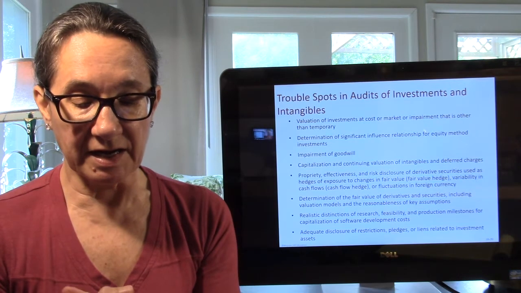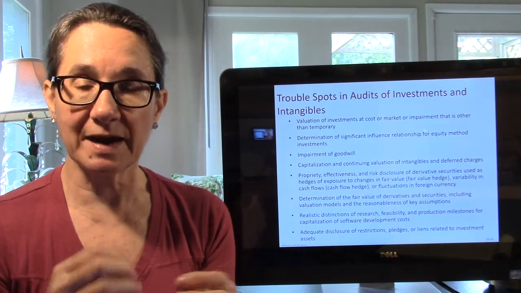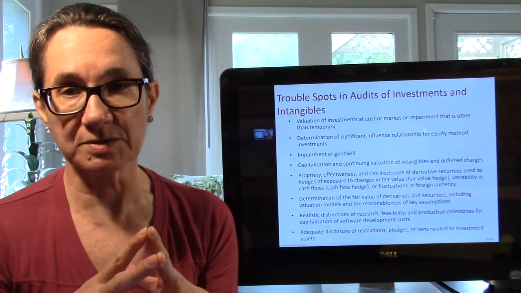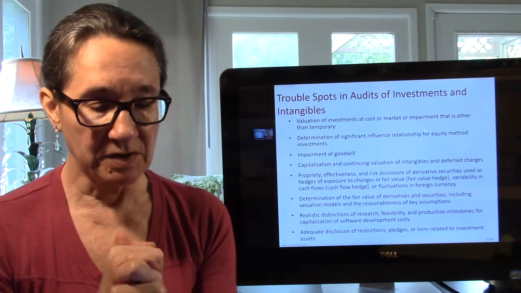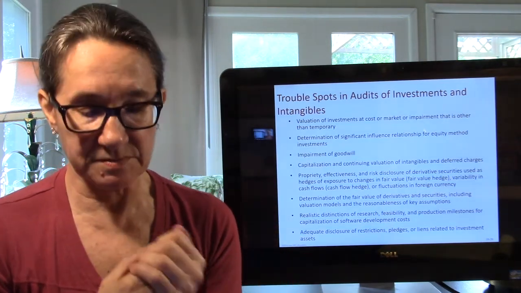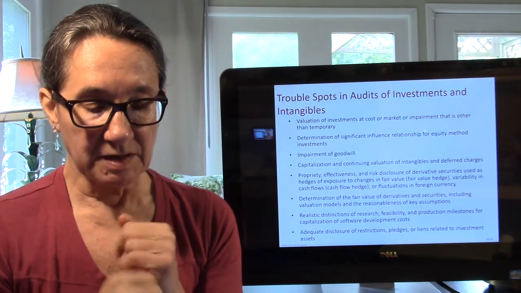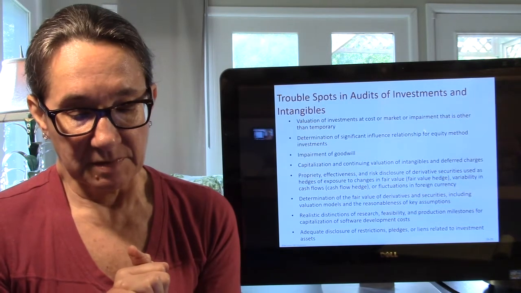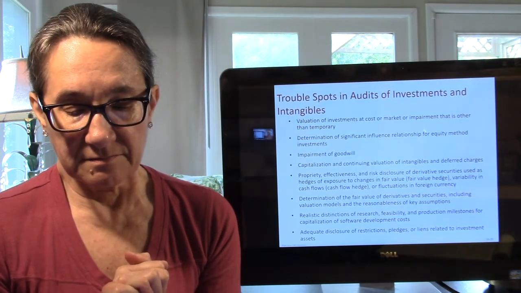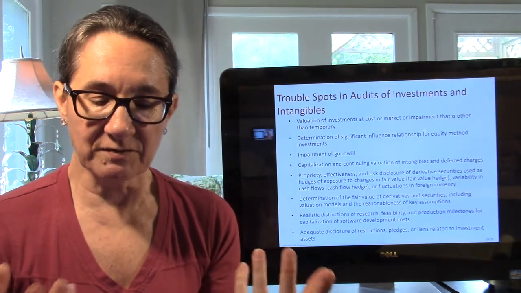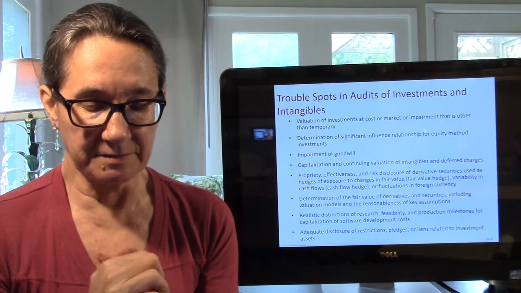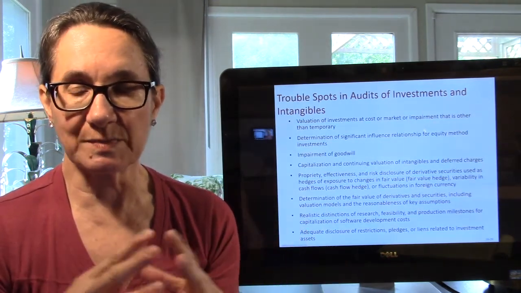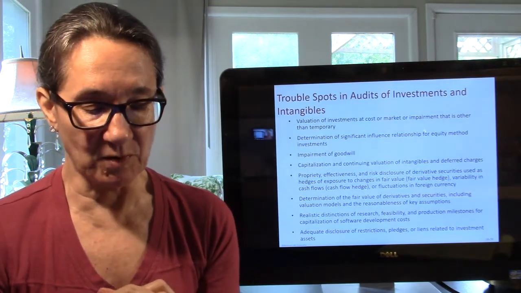In calculating equity method investments, it matters not just what percentage of ownership they have, but also do they have significant influence. Goodwill may be impaired. That can be hard to tell. Is the value of intangibles right? Some intangibles may not be worth what they were anymore.